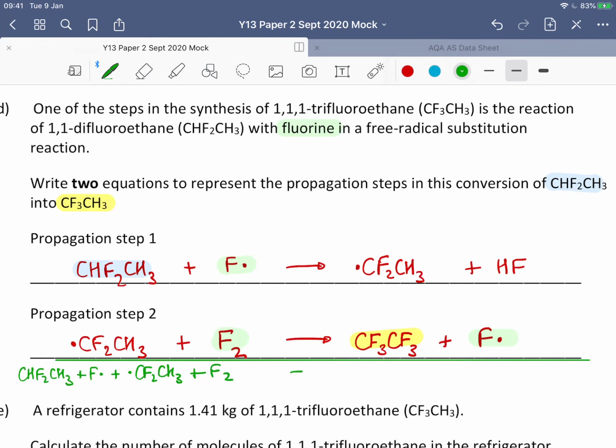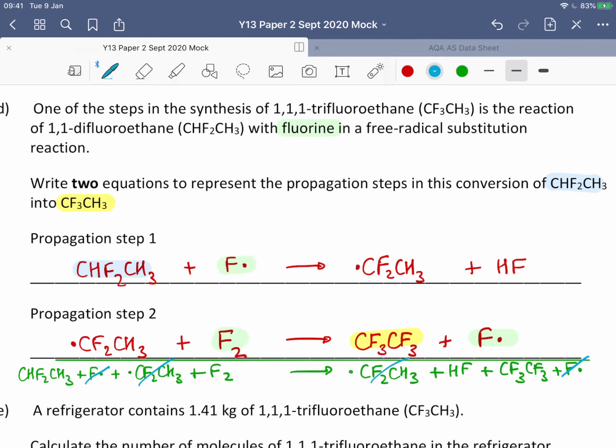So that's everything on the left-hand side of those 2 equations. Then on the right, CF2CH3 plus HF, CF3CH3 plus F. Let's look at the things we have on both sides. So we have that radical on both sides, and we have that radical on both sides.